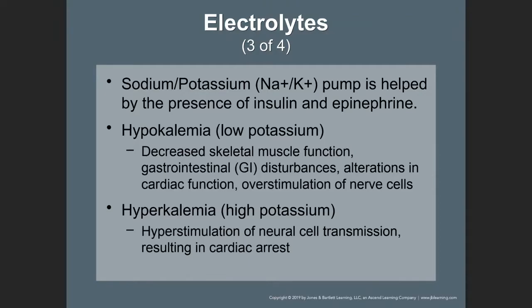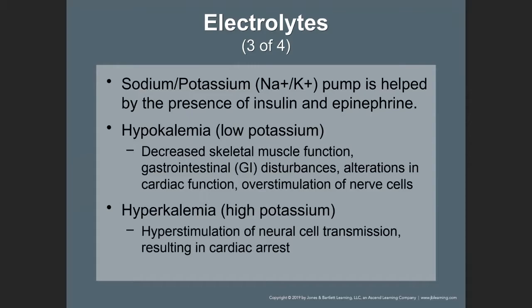So sodium is higher in its concentration outside of the cell. Potassium is higher in its concentration inside of the cell, but there must be a certain amount of potassium in the blood, and there must be a certain amount of sodium in the cell. So there has to be a balance.